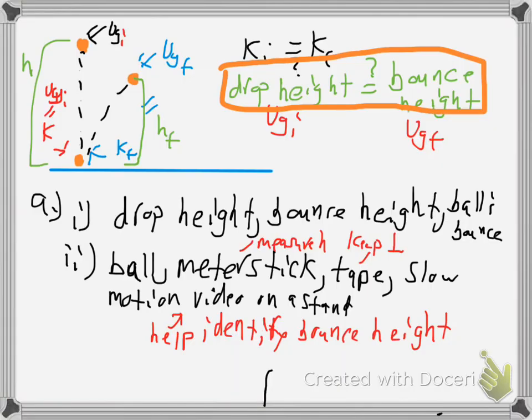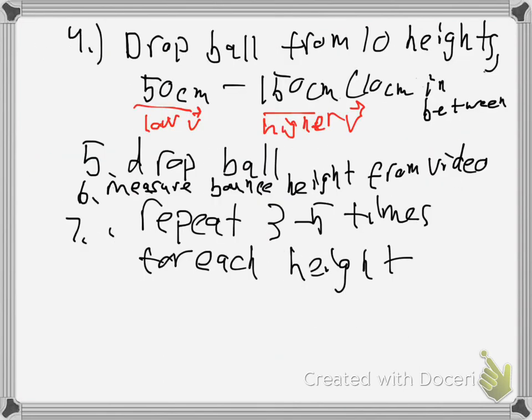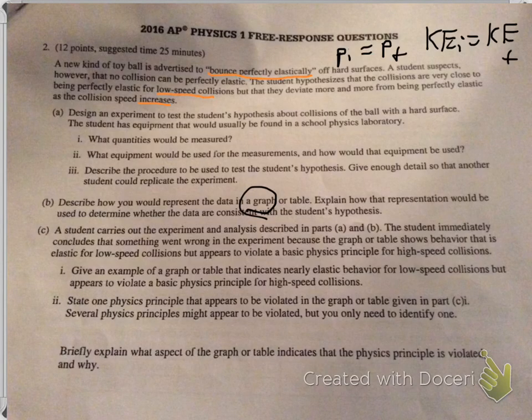The reasoning here, comparing the drop and the bounce height, remember at the very beginning it said that it was very close to being elastic, very close at low speeds, but it became less elastic as the speed increased.